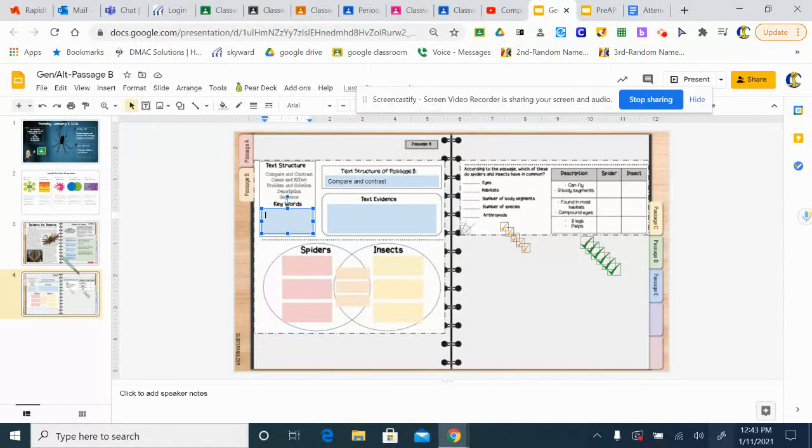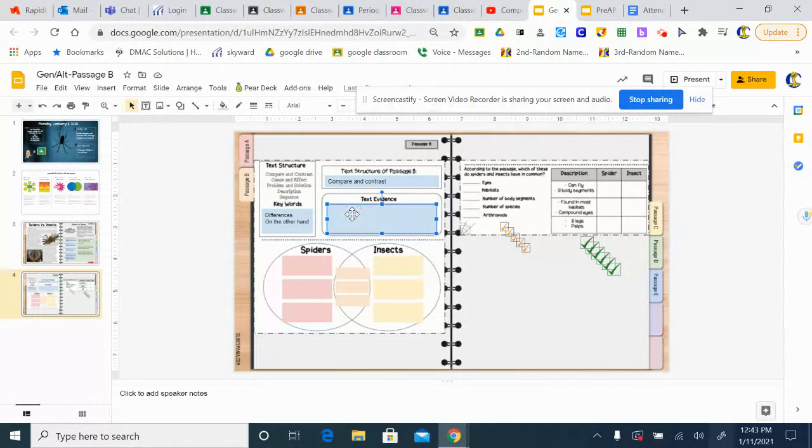If you go back to the readings, you'll see words such as differences. We see the words on the other hand. Those are the kinds of words that you see that are keywords so that you know that it's compare and contrast.